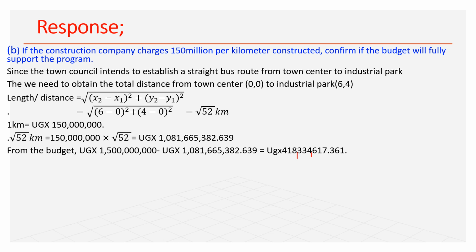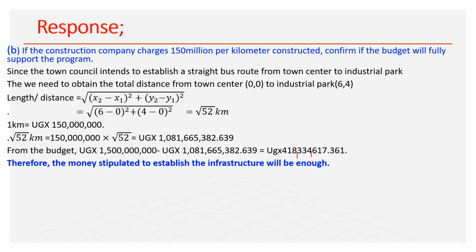So if this money goes to another venture, we can still benefit from it as the public. Therefore, the money stipulated to establish the infrastructure will be enough. You can vividly see we shall be left with a good amount of money that will be spent on other activities within the town council.